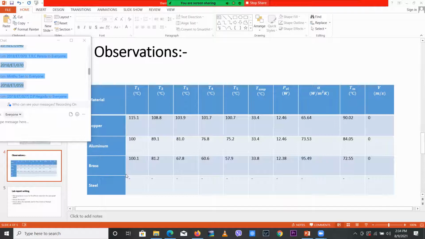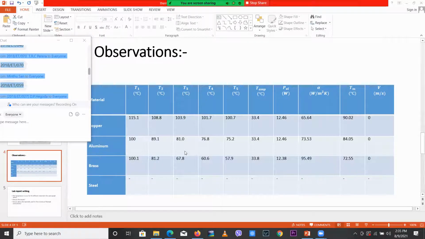So with brass it is difficult for the heat to flow through the metal, but with copper it is easy, and the heat will easily flow from one side to the other side through the copper rod, right?